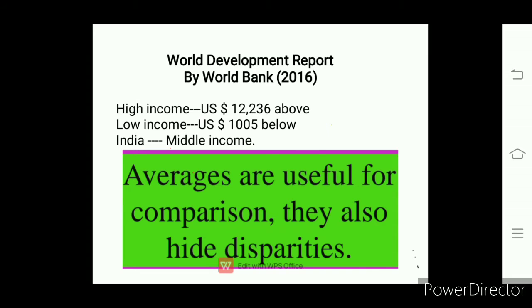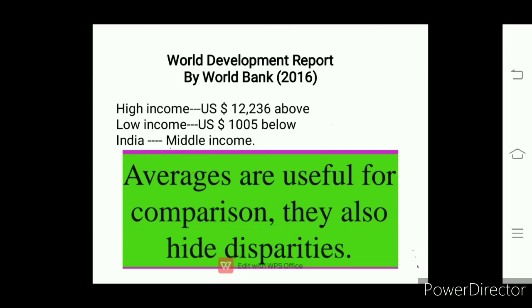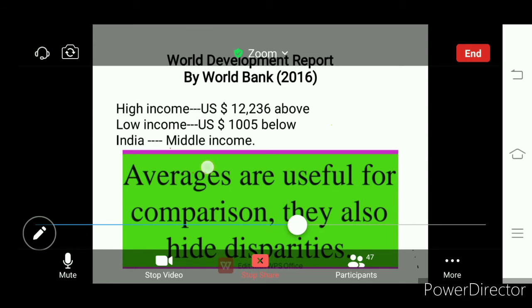We want to know accurately which of the nations are developed ones. So for that we need to take another criteria in place of per capita income. How total income, that is national income, is not suitable, in the same way per capita income is also not suitable. How is it not suitable?